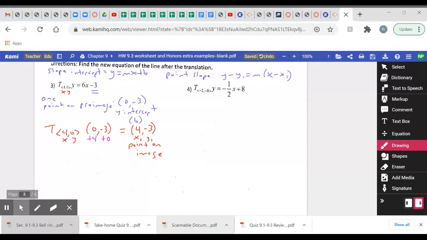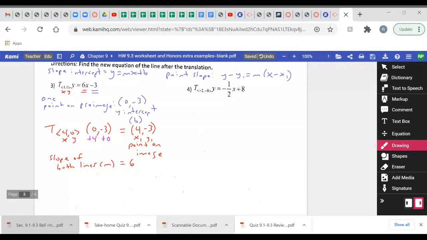Now, if I think about the slope of the lines, I can go back to this original equation up here and see that the number in front of the x is the slope. So I'm going to say the slope of both lines, or the m, if you want to think about that, is equal to 6.